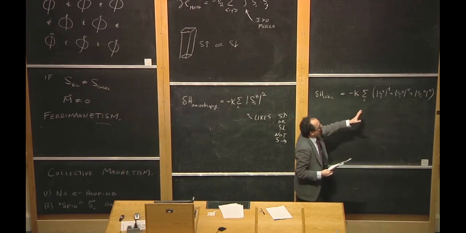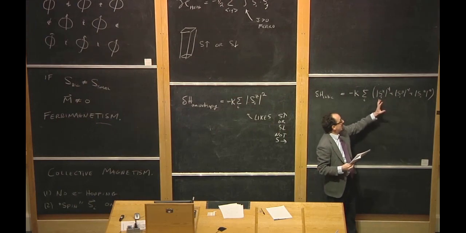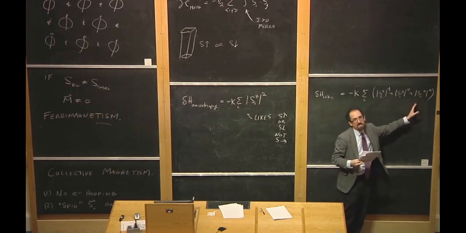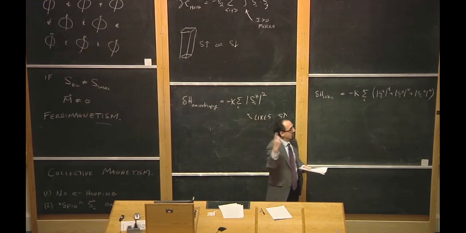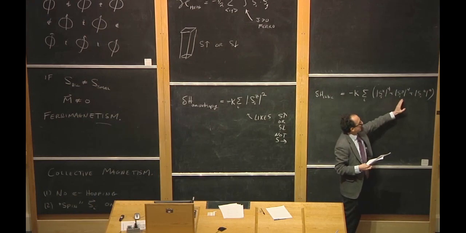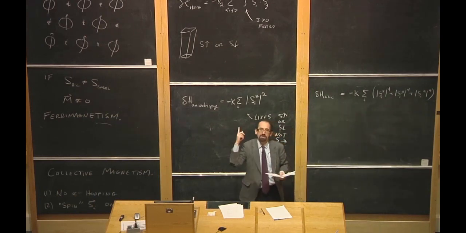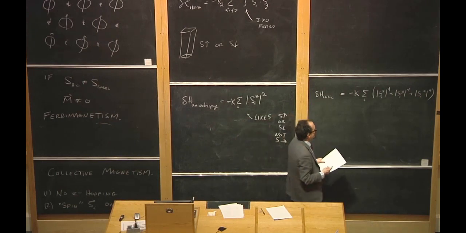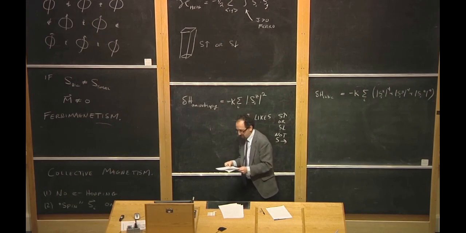The reason I wrote this to the fourth power is that if I wrote them to the squared power, then you just get Sx squared plus Sy squared plus Sz squared, which is just S squared, and that doesn't care which direction the spin is pointing because it's just the magnitude of the spin. But if you write it as fourths, this prefers to have the spin pointing along one of the crystalline axes, but not in between. So we might consider this one a little bit as well, but mainly we're going to focus on the previous one.